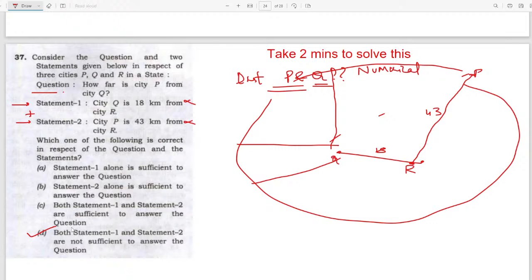It can be anywhere on that circular path, so we cannot say where P is, and depending on the position of P, the distance PQ will change. If they had asked the distance to the center itself, then it would have been the same, but here Q is not the center. I hope this clears your doubt.